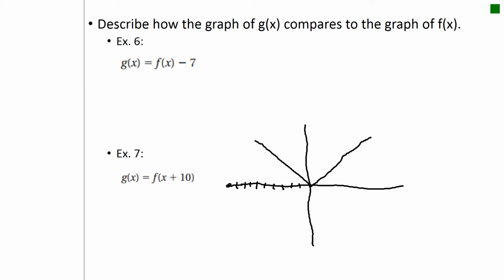And the new absolute value function, even though we're not used to seeing those v's, everything would be moved over 10 this way. And the question arises, when we were subtracting 7, why did it go up and down? And when we're adding 10, it goes left and right. It's not the negative and the positive that determine that. It's the fact that this is within the function that moves it 10 to the left.